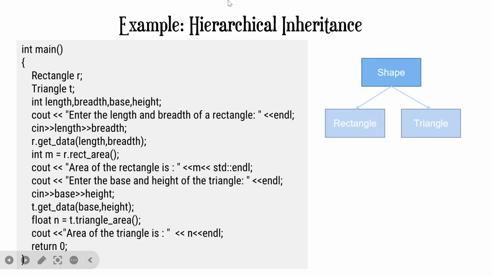Here rectangle is the class and R is the object; triangle is the class and T is the object. For these two objects we can access the functions written in the base class. So we can calculate the triangle area and the rectangle area by calling the object of the rectangle and the triangle.